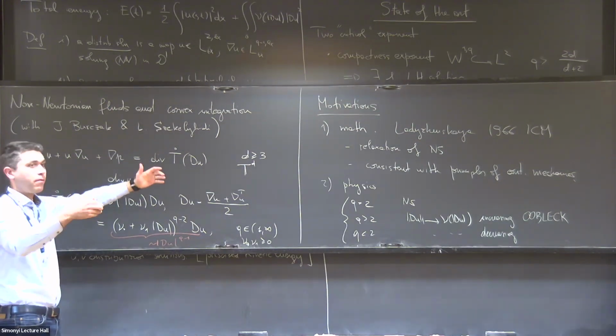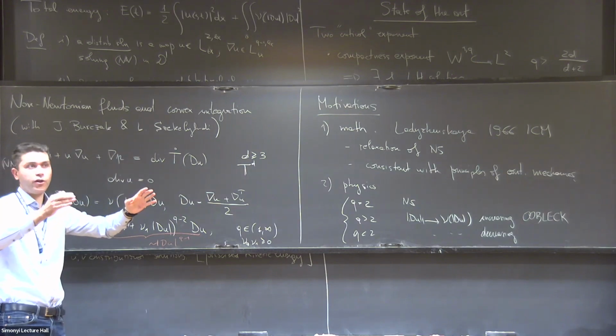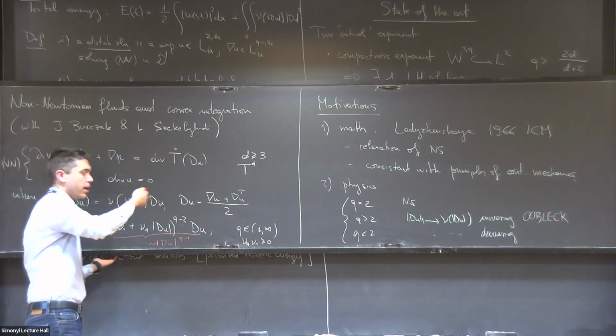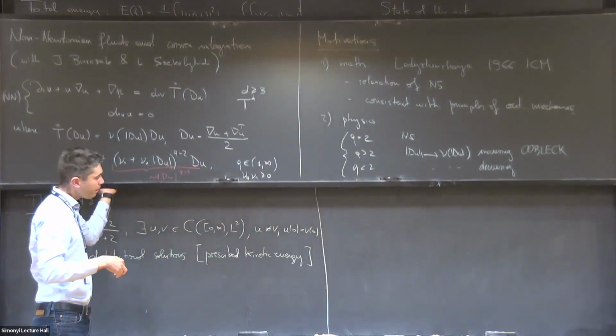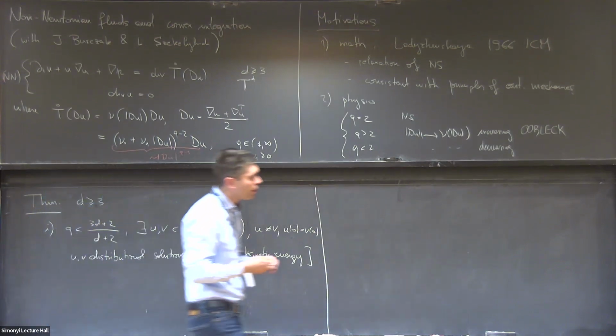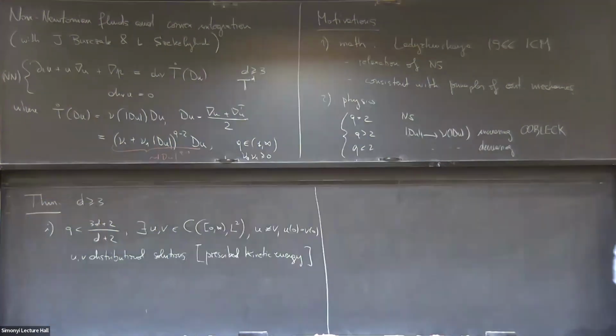Given a profile, we can produce a solution with that energy profile, and this gives a corollary, this non-uniqueness. So in this picture, if we are here, we have non-uniqueness of distributional solutions.